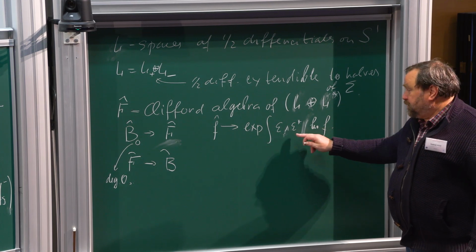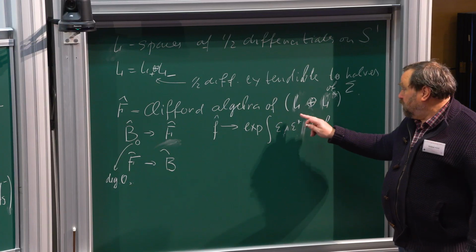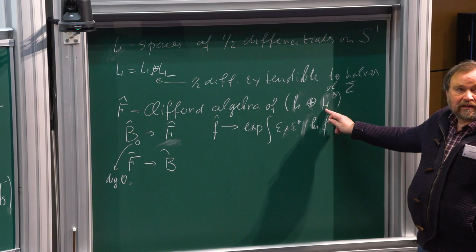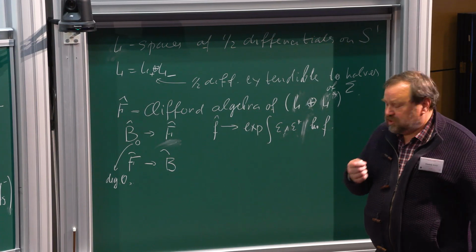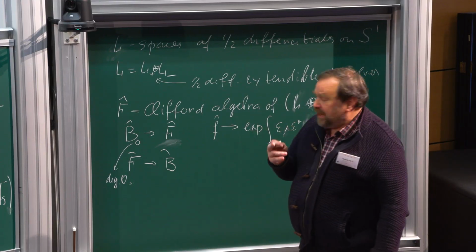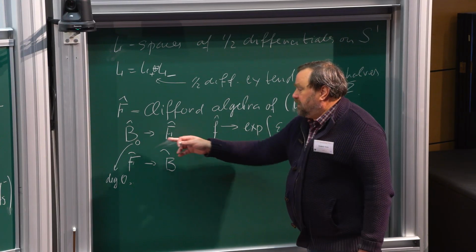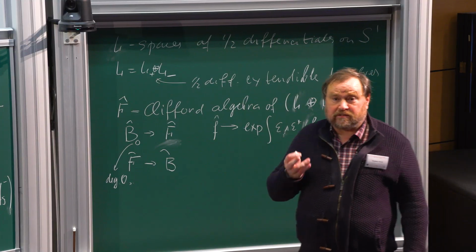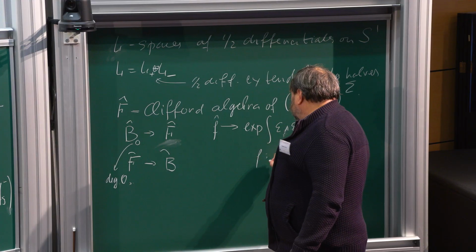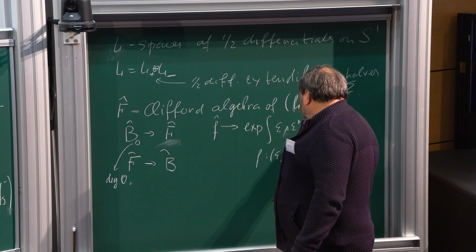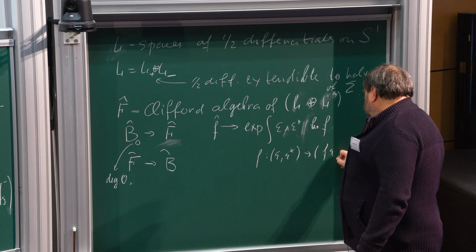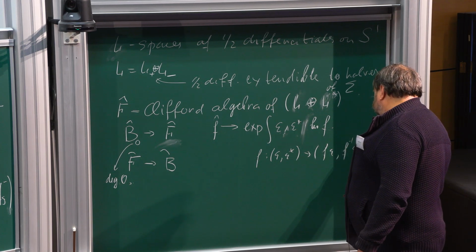This is a skew-symmetric form on the space of L plus L star, and then the exponential. This map is just a spinor representation, because multiplication by f acts on L by orthogonal transformations: f sends epsilon, epsilon star to f epsilon, f minus 1 epsilon star.